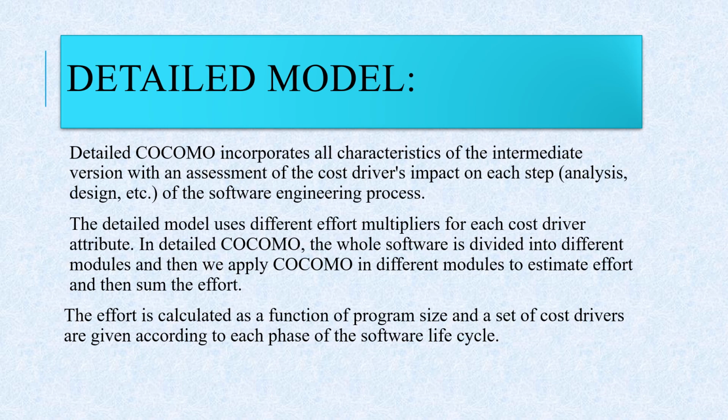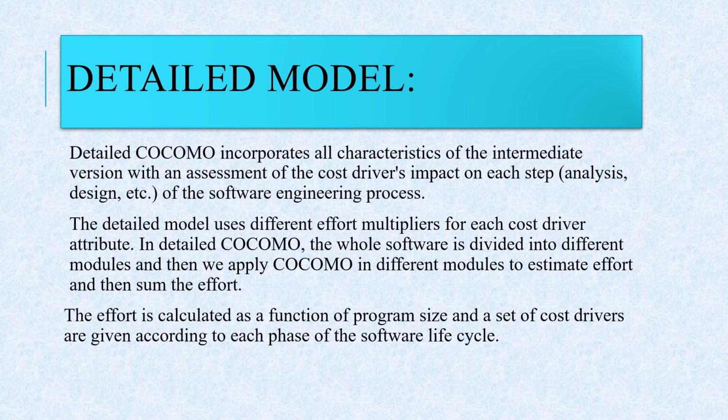Now the third, the detailed model. The detailed COCOMO incorporates all characteristics of the intermediate version with an assessment of the cost drivers' impact on each step of the software engineering process. The detailed model uses different effort multipliers for each cost driver attribute.